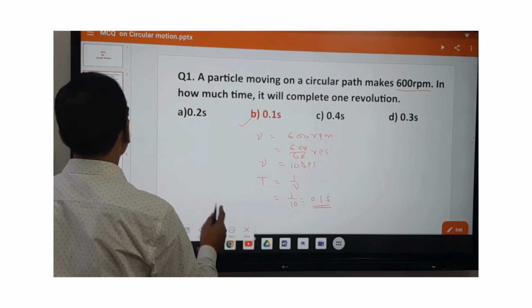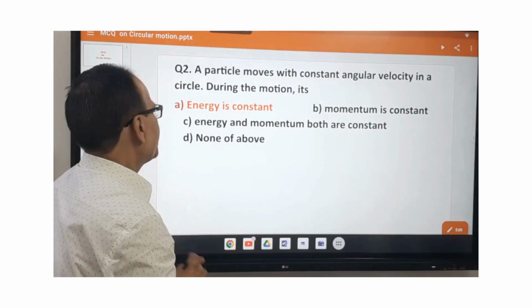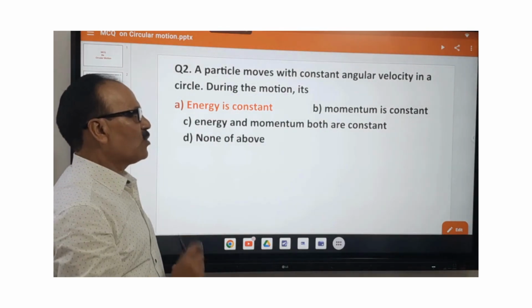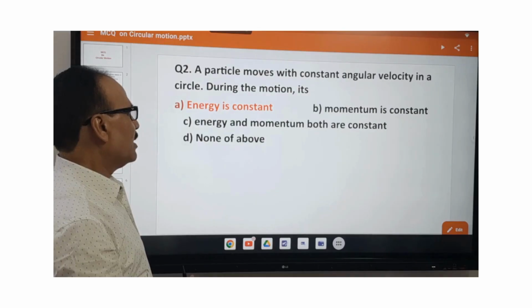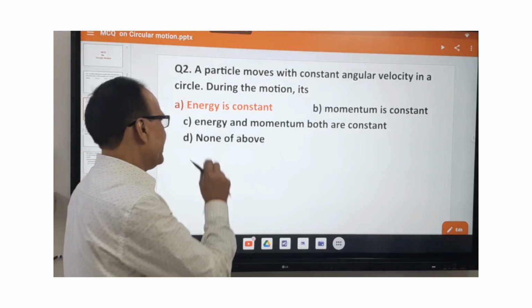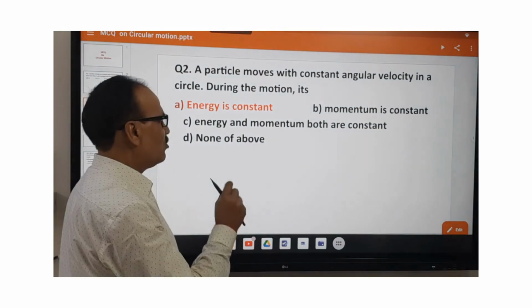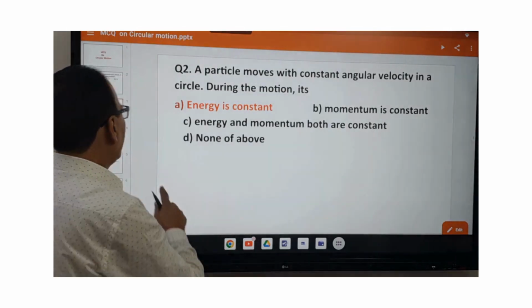Now the second question. The second question is based on a concept. A particle moves with constant angular velocity in a circle. During the motion, its energy is constant, momentum is constant, energy and momentum both are constant, or none of the above.